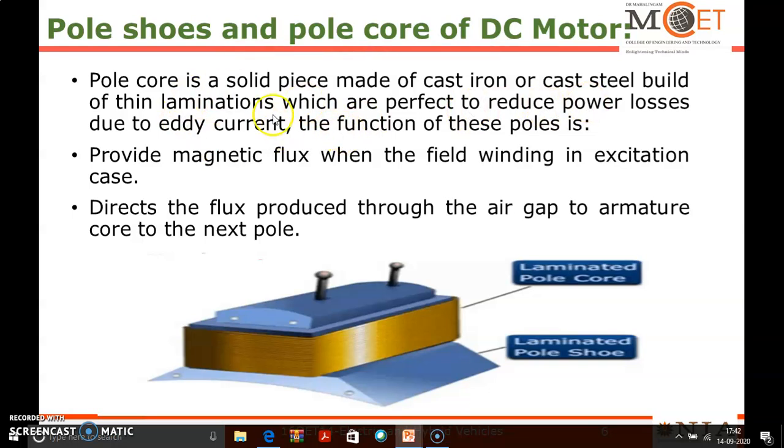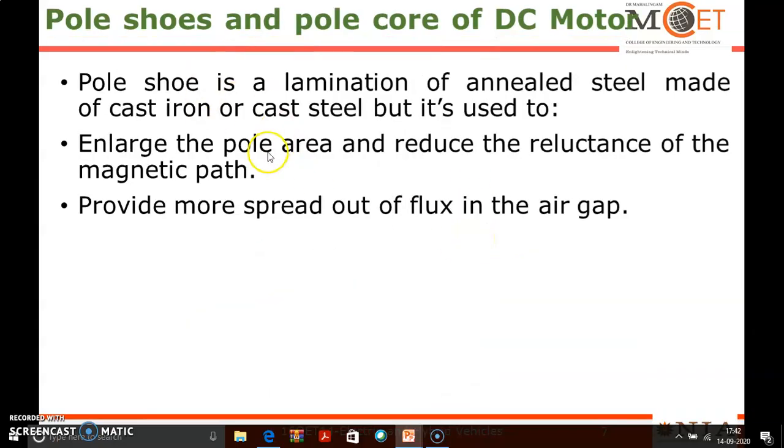Eddy current is a current produced in the metal when it is placed in a magnetic field. The function of the poles is to provide the magnetic flux whenever the field winding is excited with the DC supply.